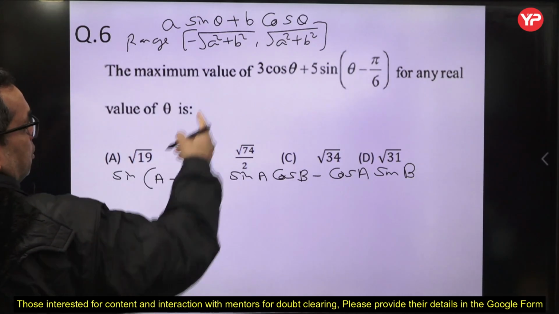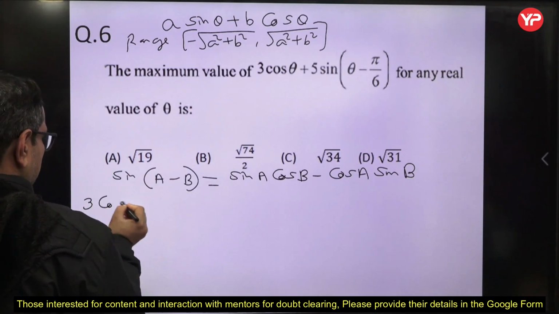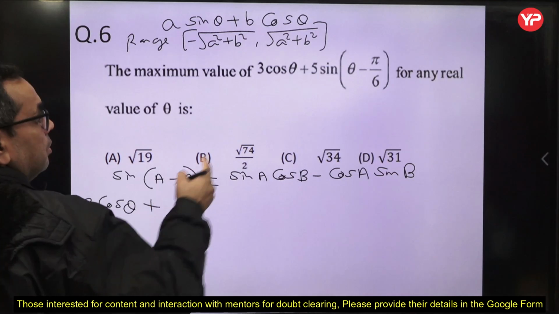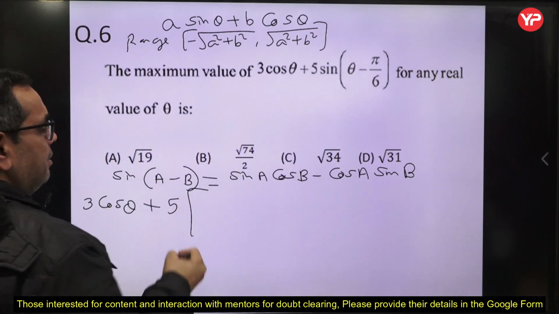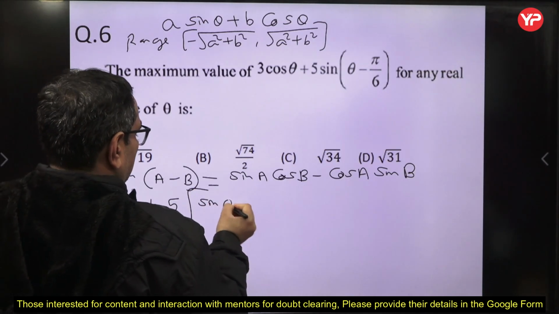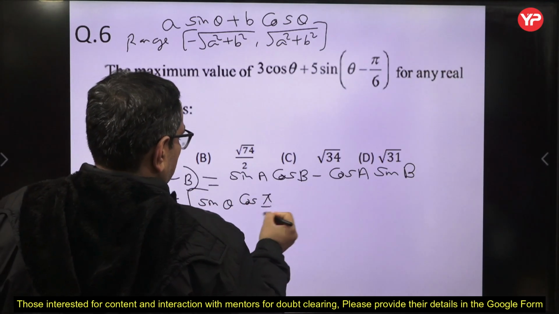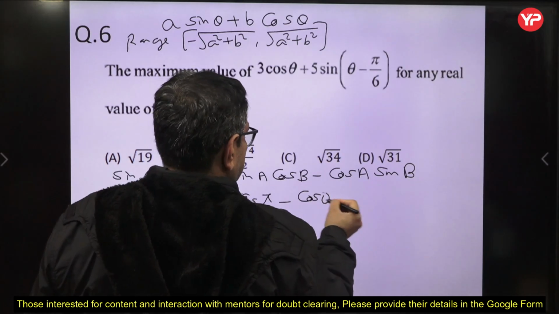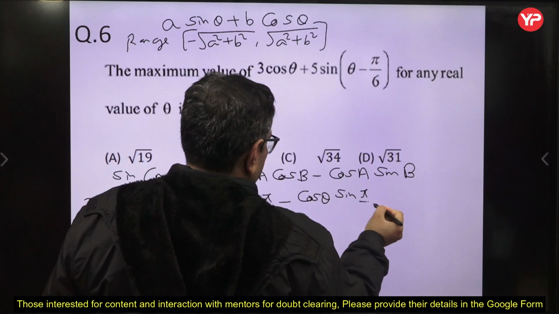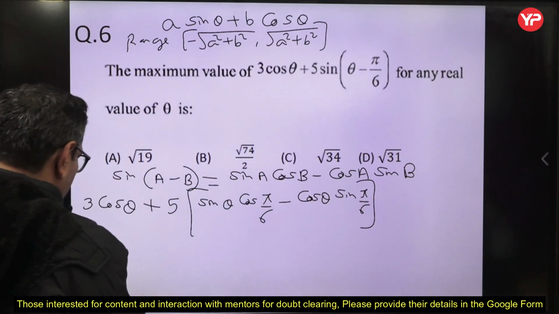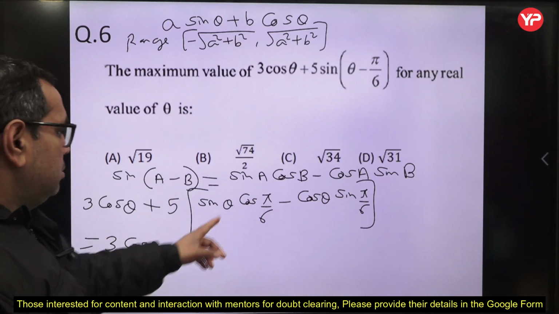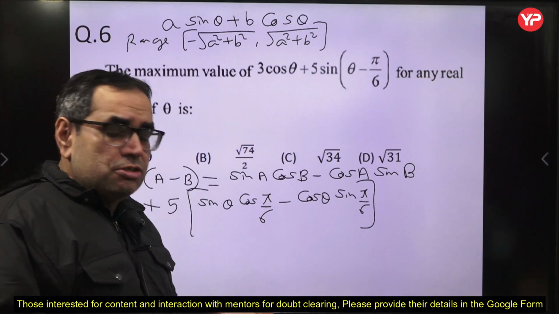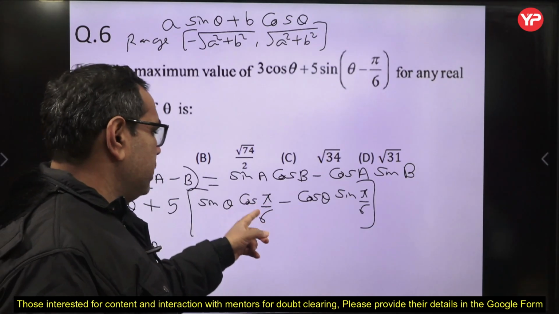So this 3 cos theta plus 5, now in the bracket, here we can use this identity. So sin theta cos pi by 6 minus cos theta sin pi by 6, we can write like this. So equal to 3 cos theta. Now this cos pi by 6 is root 3 upon 2.